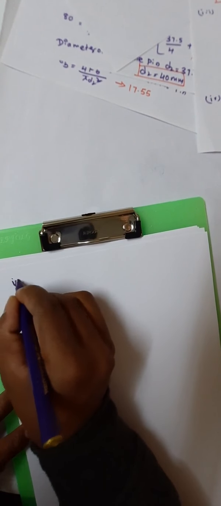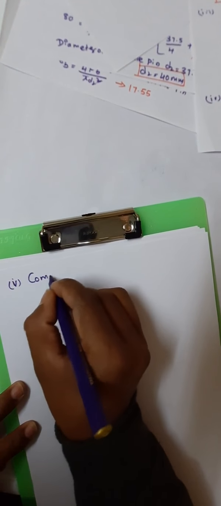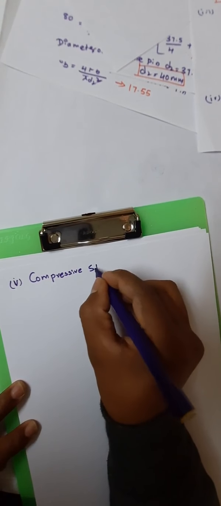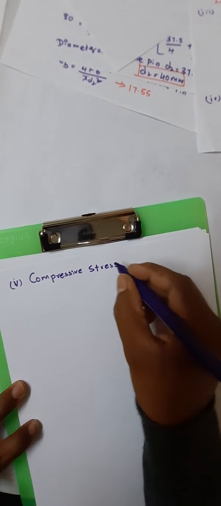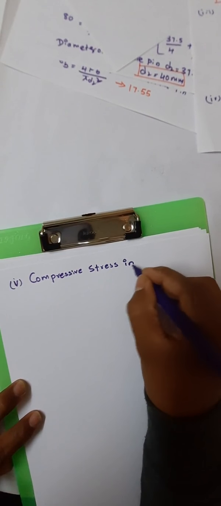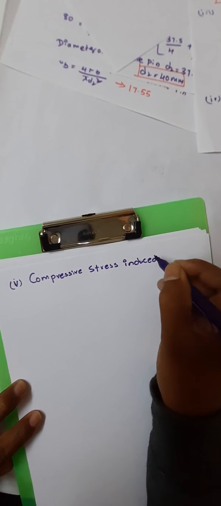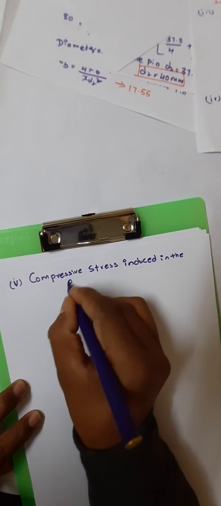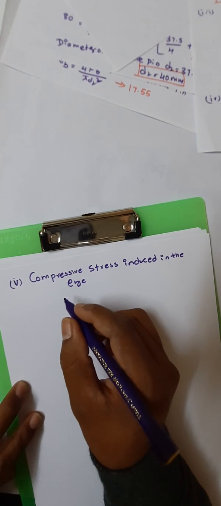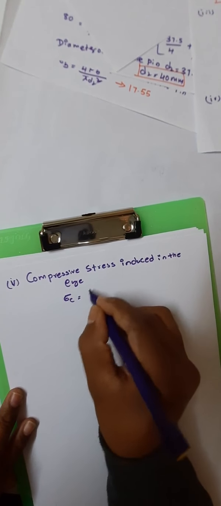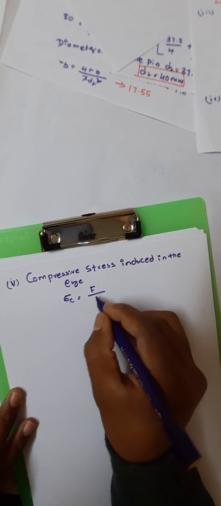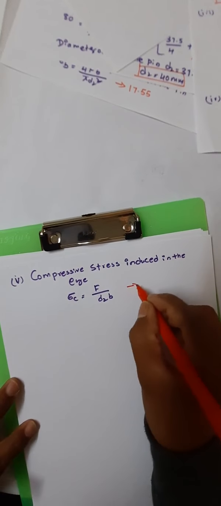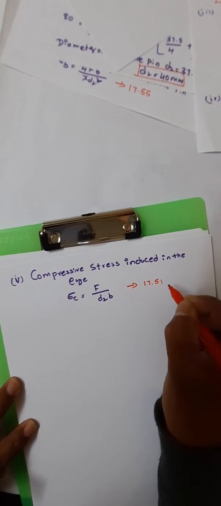Next we need to find out the compressive stress induced in the I, that is sigma C is equal to F divided by d2 into B. This equation is also available in the design data handbook, equation number 17.51.